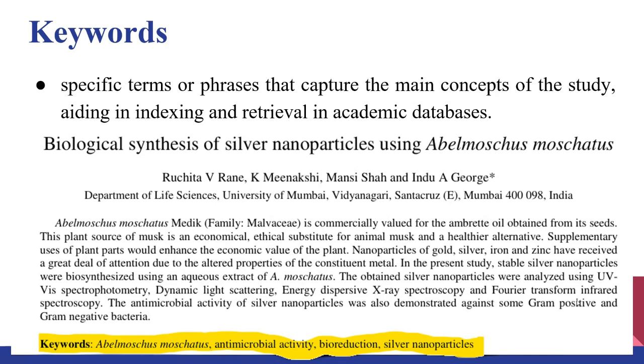So silver nanoparticle is another keyword which can be added below the abstract. Apart from that, if you go through the abstract, they have studied the antimicrobial activity of synthesized silver nanoparticles. That's why the words antimicrobial activity have also been included.